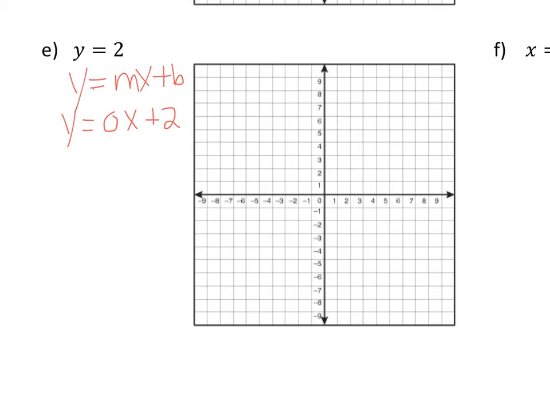So our slope is really 0. Because of that, it creates a horizontal line at the value y = 2. So you can actually go right up to y = 2, which is here, and draw a horizontal line. And label it.